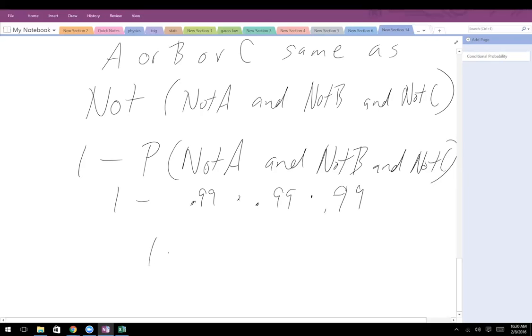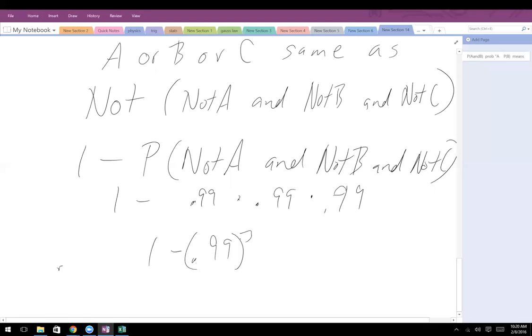So the other thing we could have done was just 1 minus, and I'm sure what MathXL was actually wanting you to do, 1 minus 0.99 cubed, right? Because the probability that any one tests negative is 0.99. The probability all 3 tests negative is 0.99 cubed.